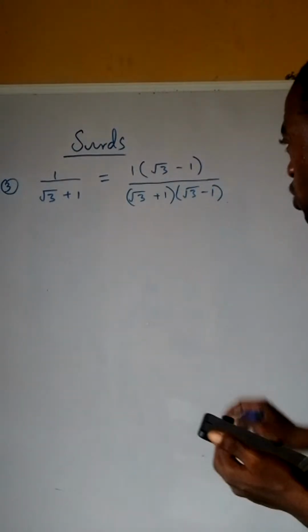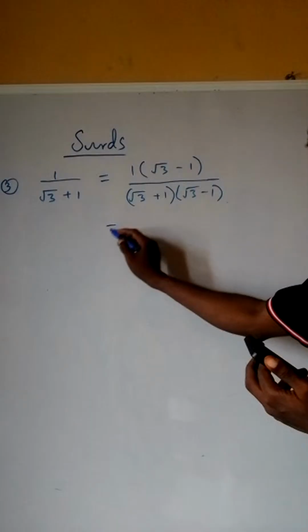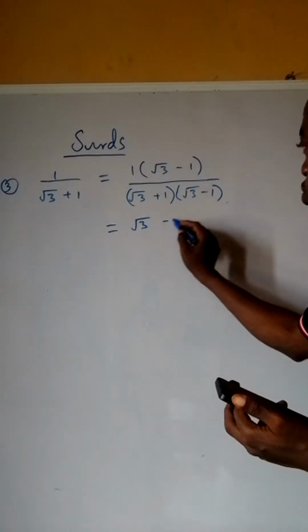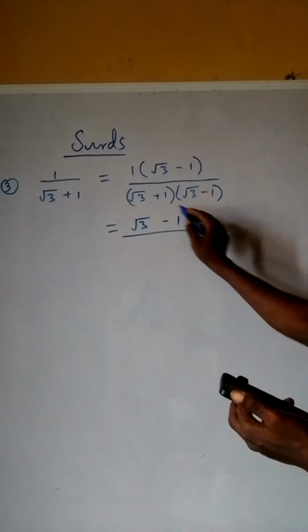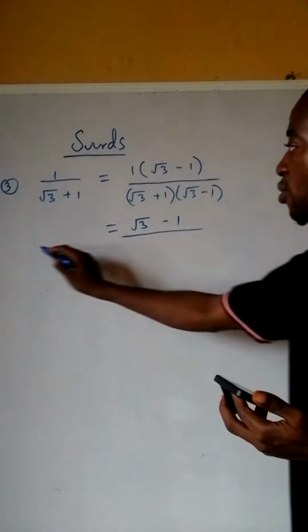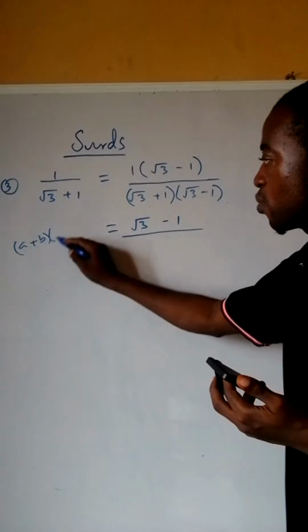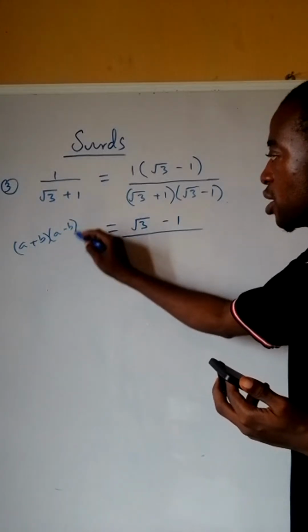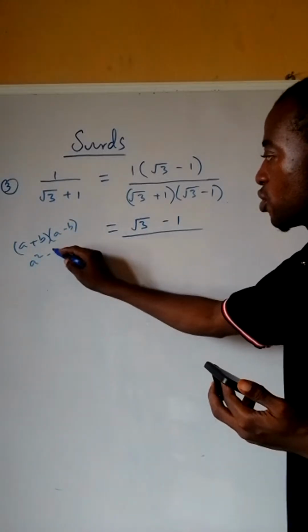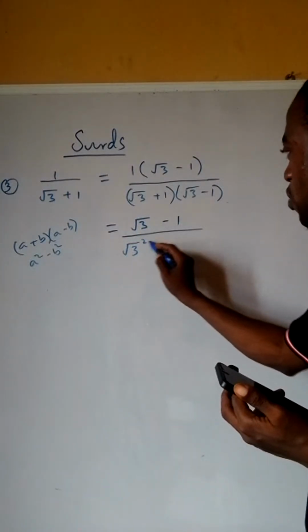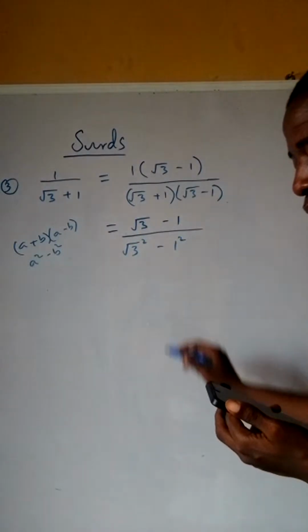Then here, when we open this bracket up, the expansion gives us, from (a plus b) times (a minus b), which is a squared minus b squared. So here we have root 3 squared minus 1 squared.